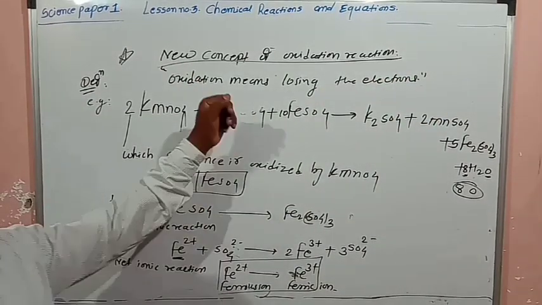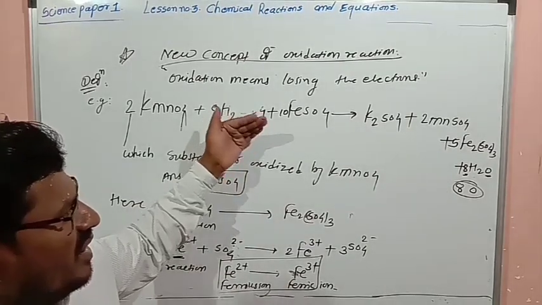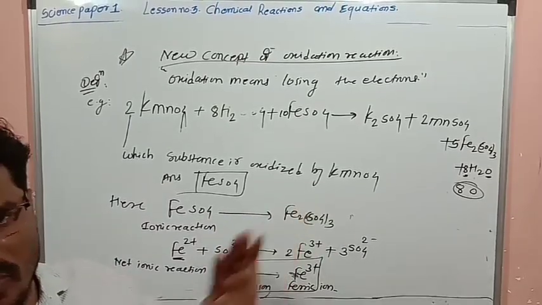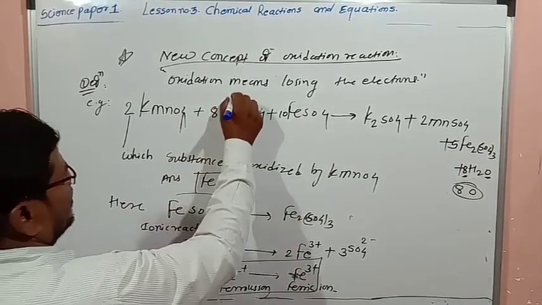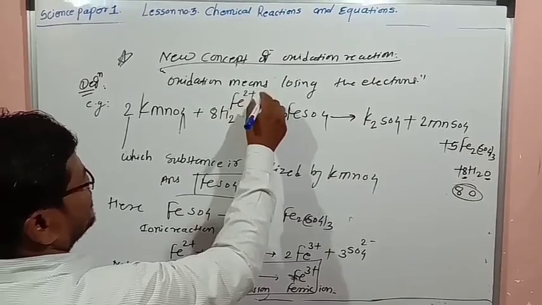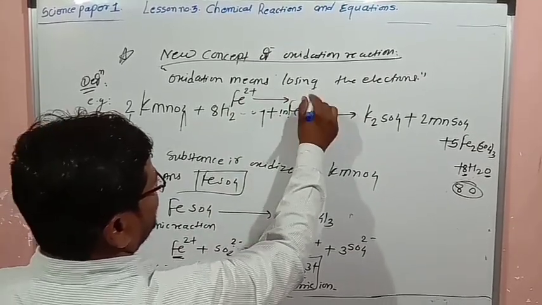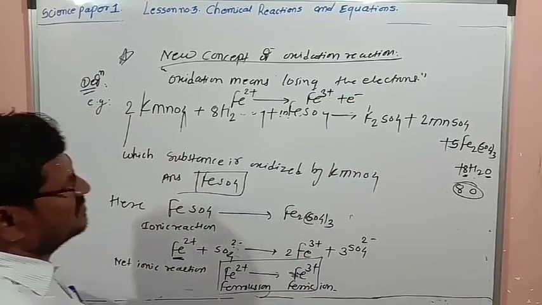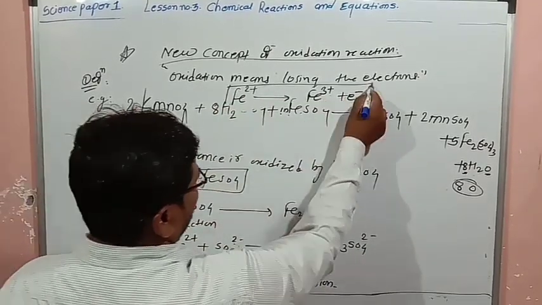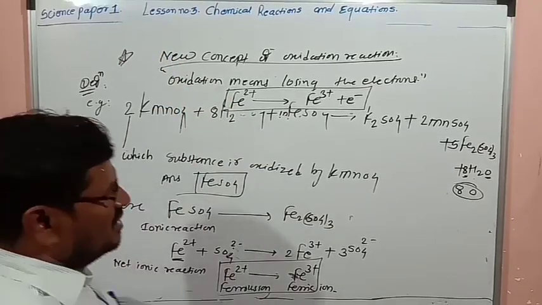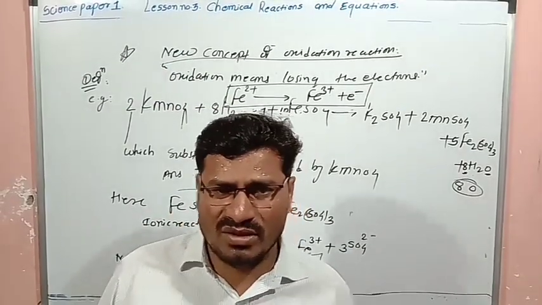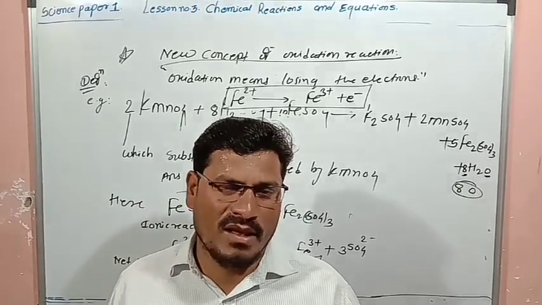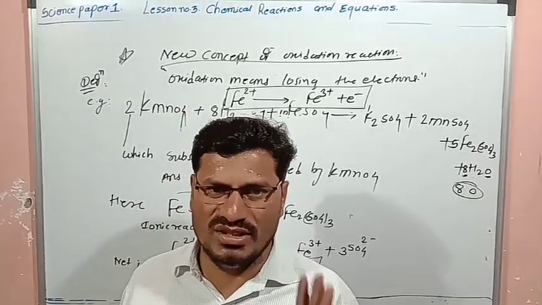When an ion or that particular atom or element loses electrons, it gets a plus charge, a positive charge. So here Fe2+ is converted into Fe3+ by losing one electron. So the new definition of oxidation: losing the electrons by the reactant is called an oxidation reaction.